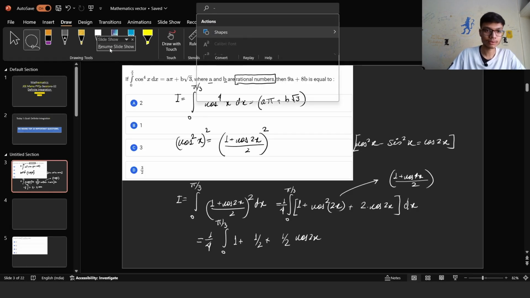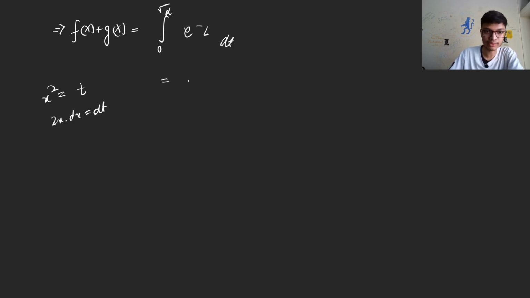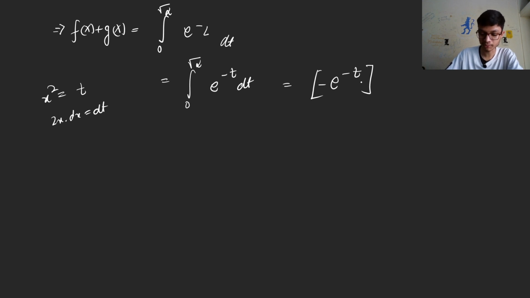Okay, there is some problem with the slides over this particular part. So this is going to be 0 to root alpha e to the power minus t dt, and with this you can simplify this particular integral as e to the power minus t divided by minus 1, with the limit 0 to root alpha.